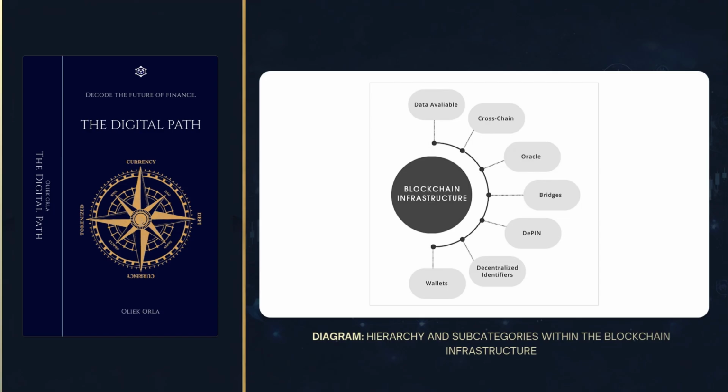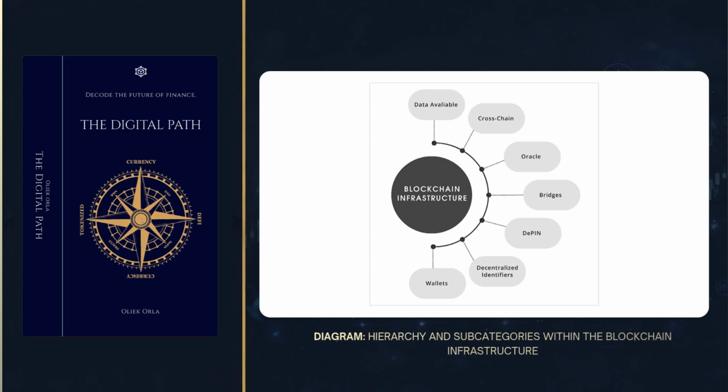Oracles. Oracles act as a bridge between blockchains and the real world. Since blockchain networks are closed systems with no native access to external data, oracles supply smart contracts with information such as prices, events, exchange rates, and API-based metrics.